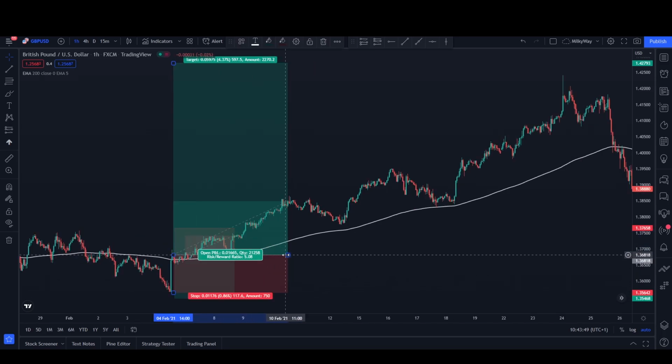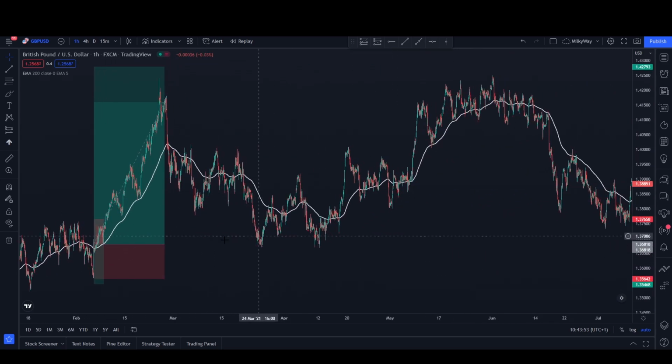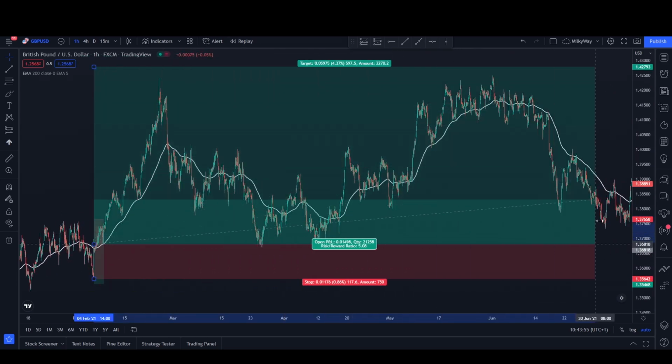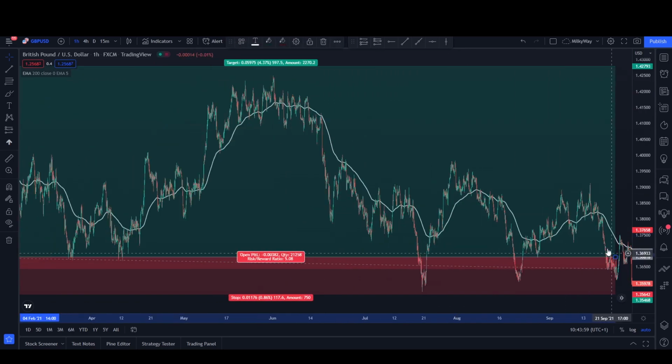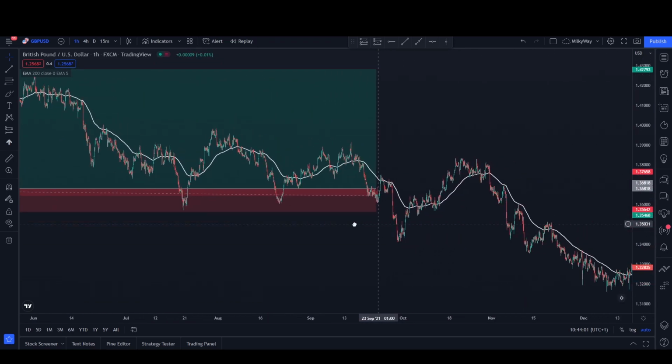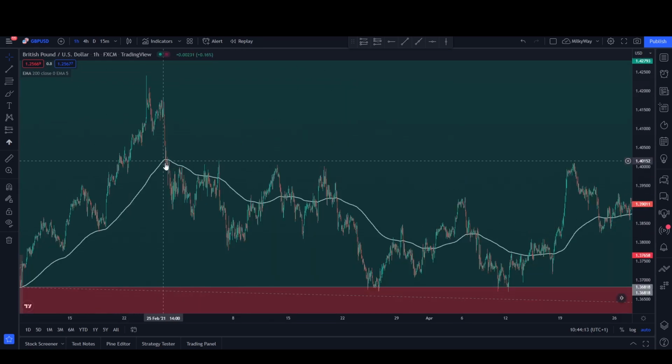And this long trade, let's see if you would have made a profit from it after a few days, perhaps. You would have been stopped out here, but then you would go short and long here at the same time with the stop loss at the last swing, and then this would have been a win. So I'll show you a few examples now, and then we'll dive into the backtest.